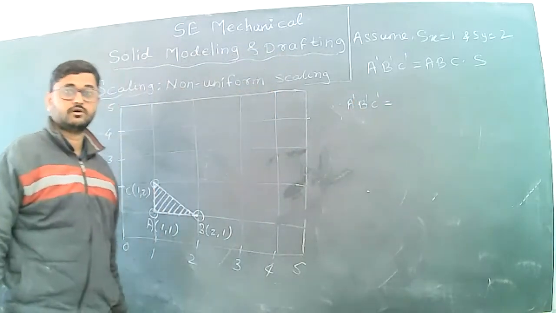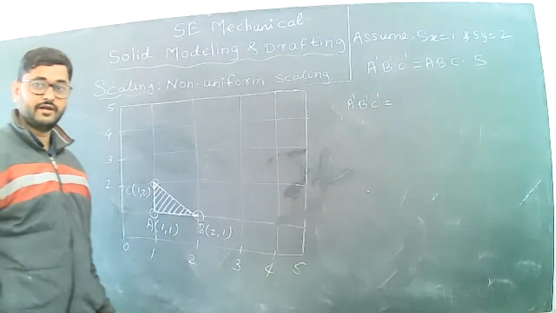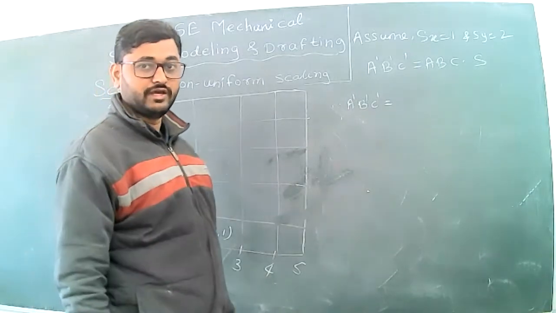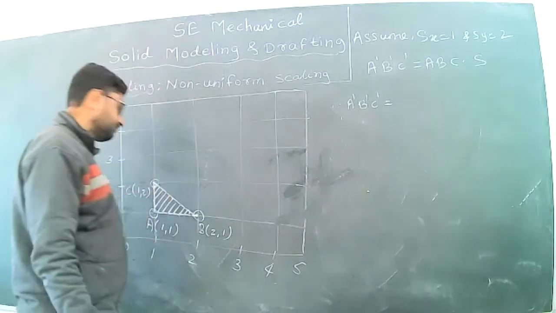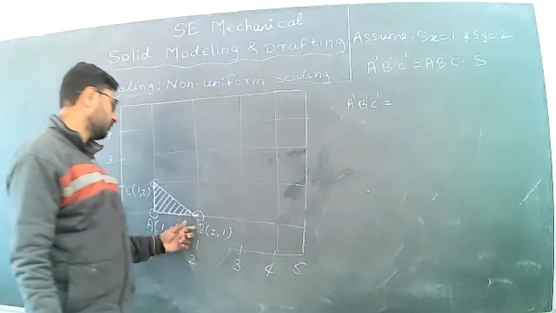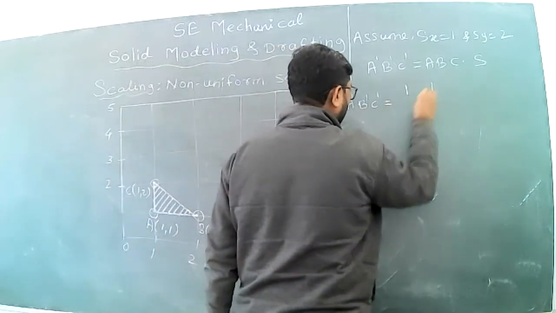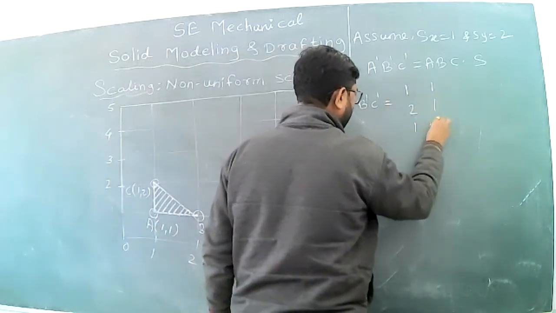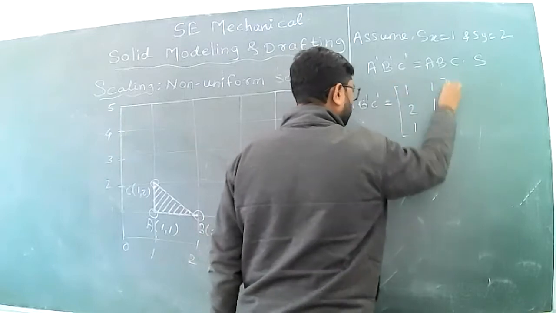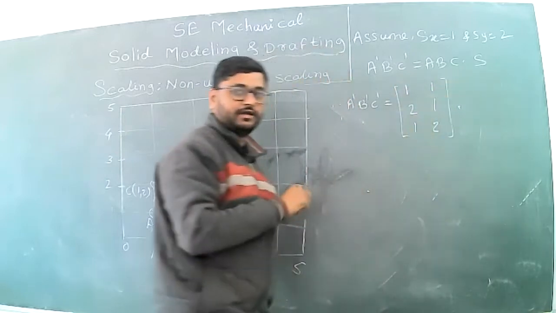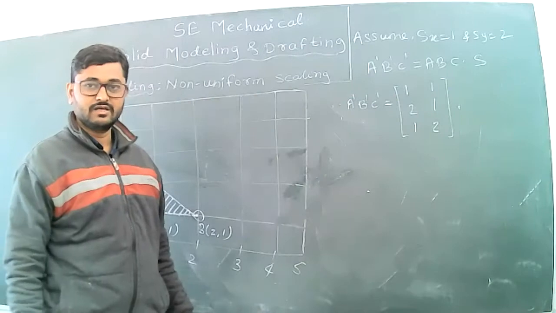These are the new points or vertices of triangle. We know that the vertices for our triangle ABC is 1, 1, 2, 1 and 1, 2. So multiply by S. What is S?